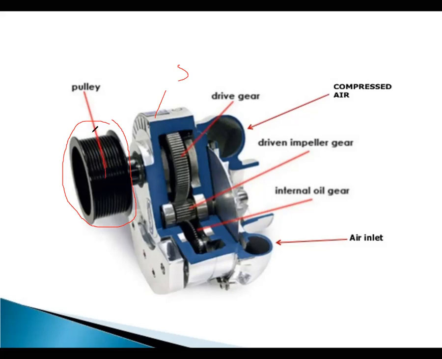Here is a pulley which is directly connected to the crankshaft. Whenever the crankshaft rotates, the pulley also rotates. Whenever the pulley rotates, the gear train takes up revolutions.